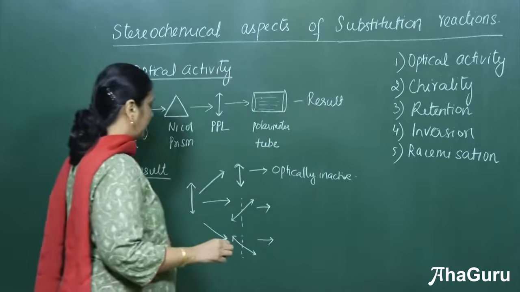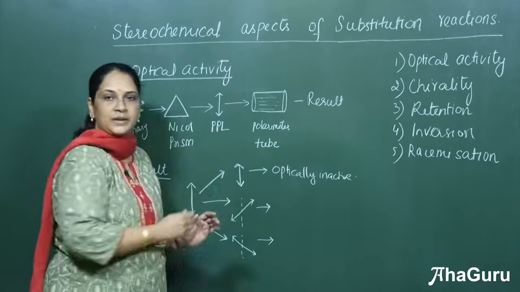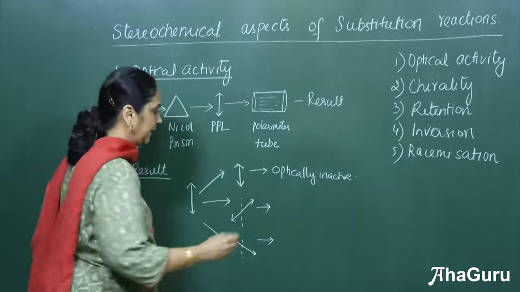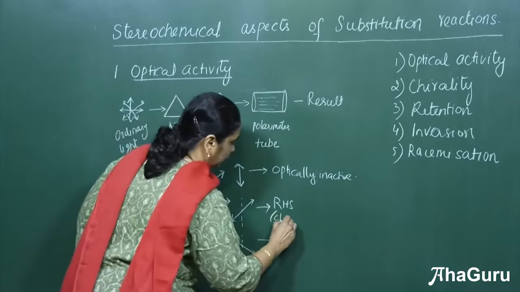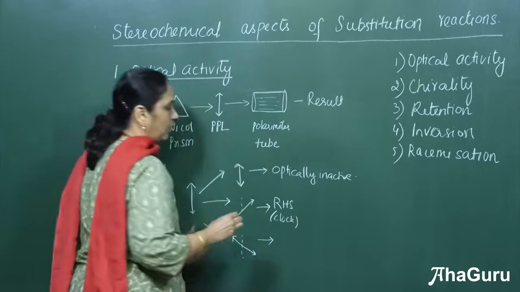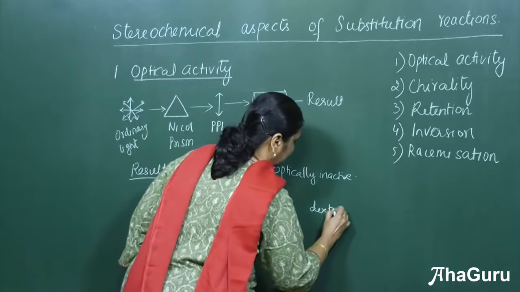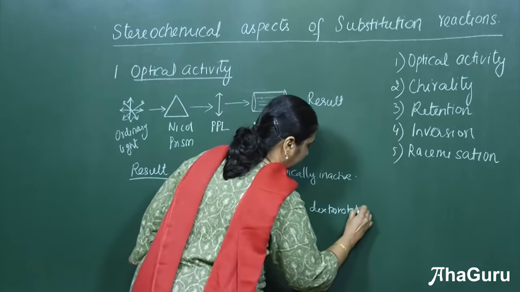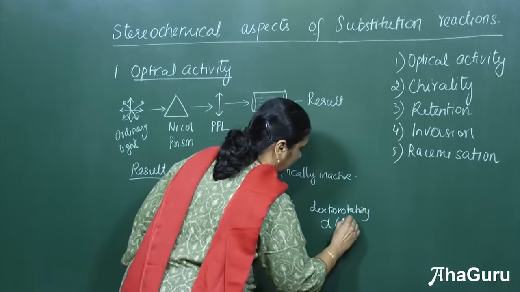Next, if the plane polarized light turns to the clockwise direction, that is the right hand side, we call such molecules dextrorotatory, and we give the symbol D or a plus sign.